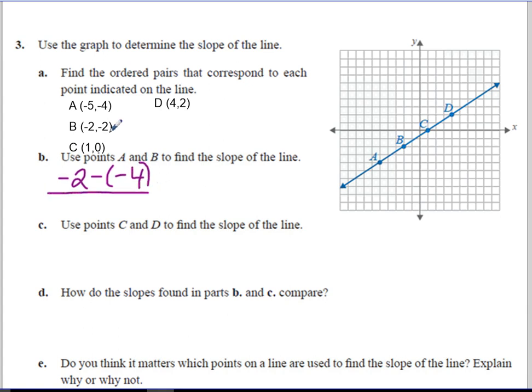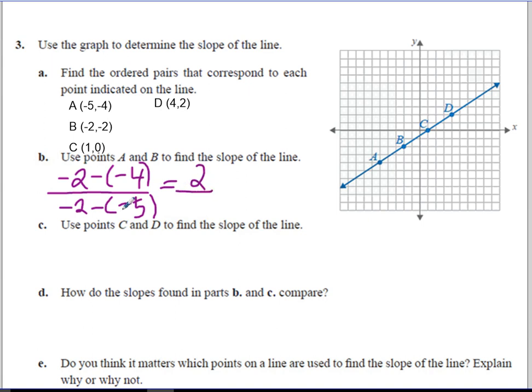And then since we started with a -2, remember we have to start with a B point for the x value, so we're going to do -2 again, and we're subtracting off -5. -2 subtract -4 ends up being -2 plus 4, which is a +2.